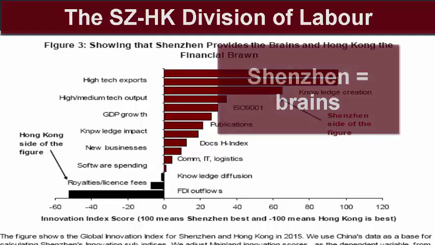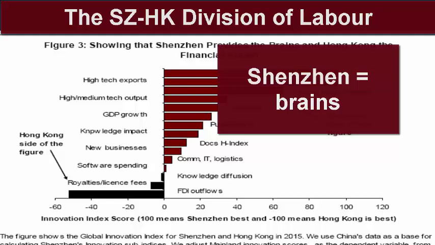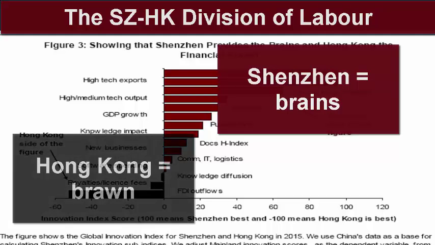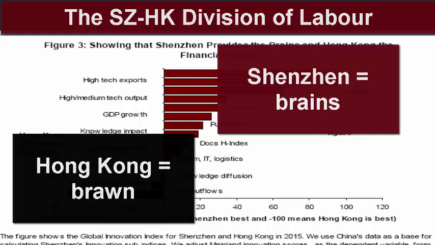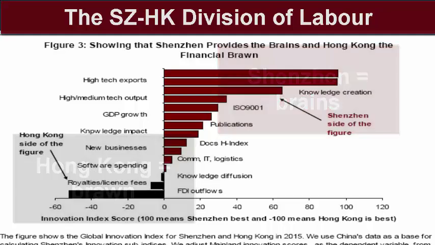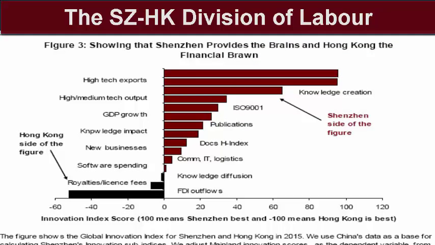If Shenzhen provides the R&D and industrial might, then Hong Kong provides the financial might and links to the outside world. Figure 3 from our paper shows innovation in a range of areas that any innovation zone would require in order to succeed.